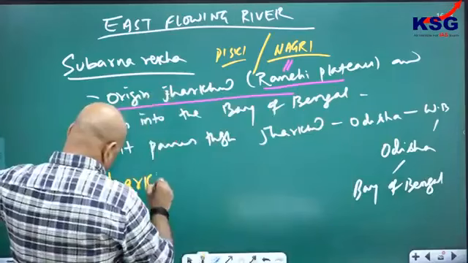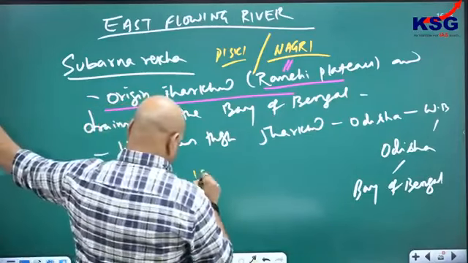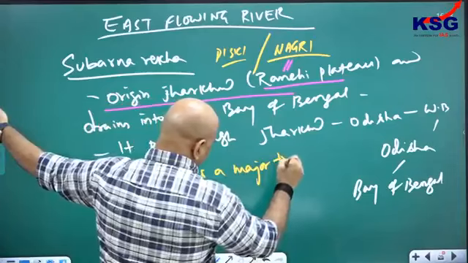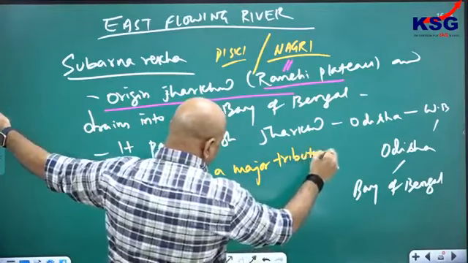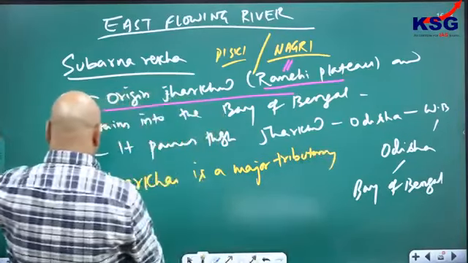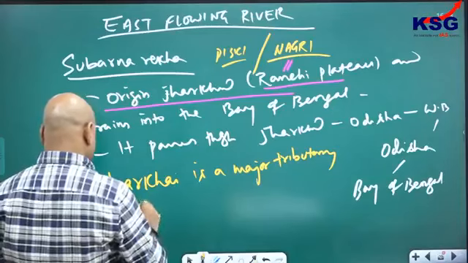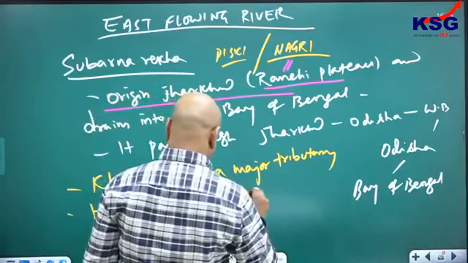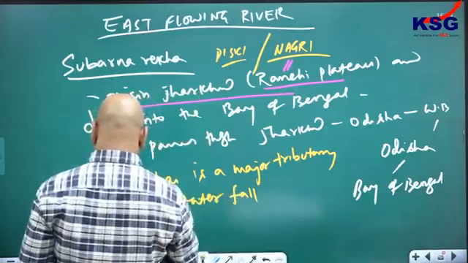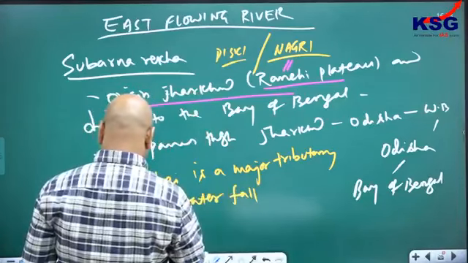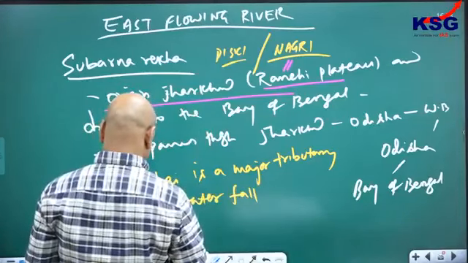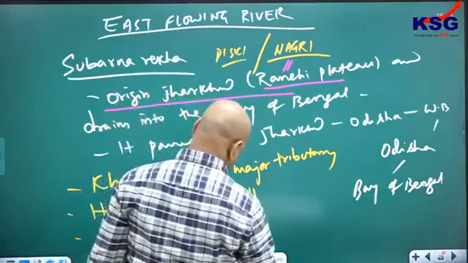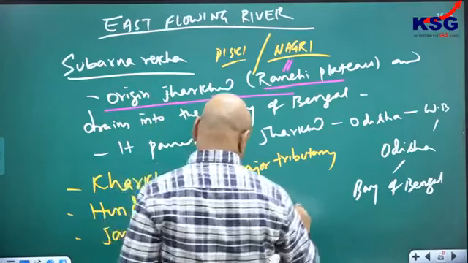Kharkhai is a major tributary, and here it is Hundru Fall. Hundru waterfall is present here, and Jamshedpur is located on its bank.